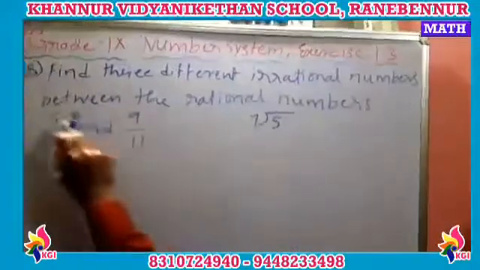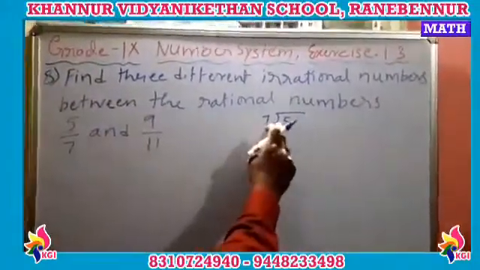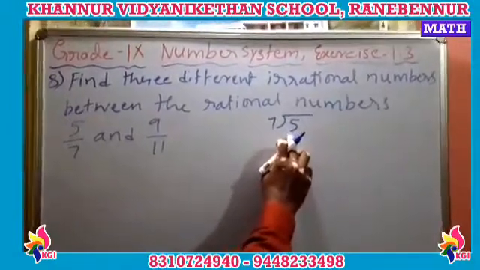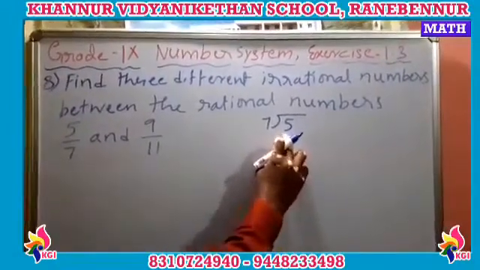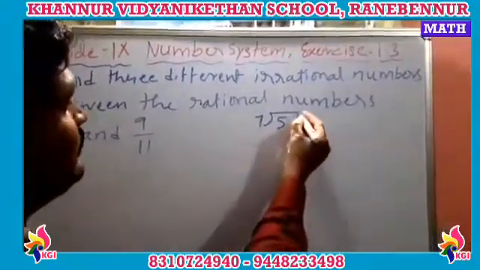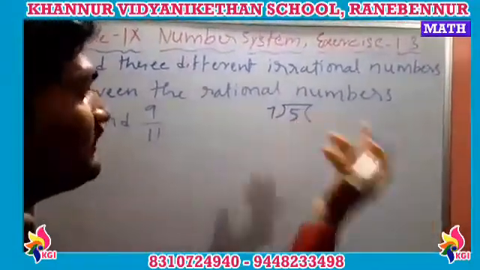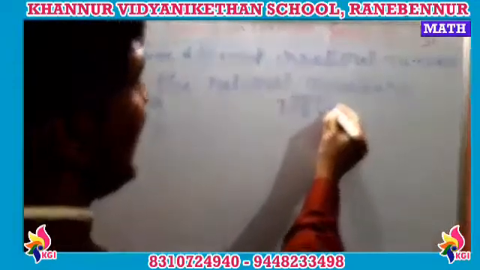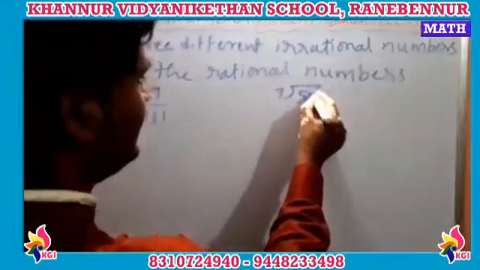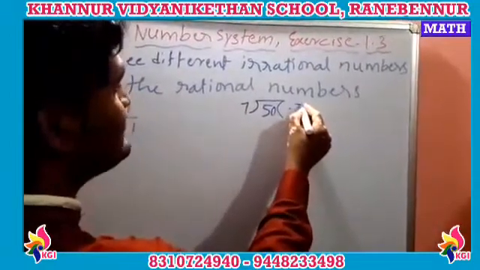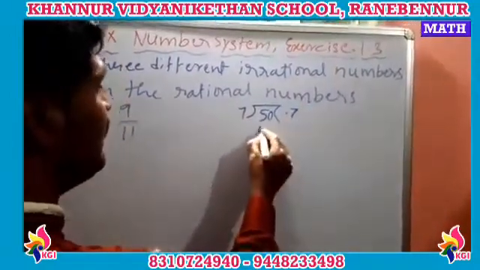So 5/7 means 7 in the divisor place and 5 in the dividend place. Next, I am going to take 7 here. Ones also will not come, so I need to put a point and take a 0. That becomes 50. 7 7s are 49.